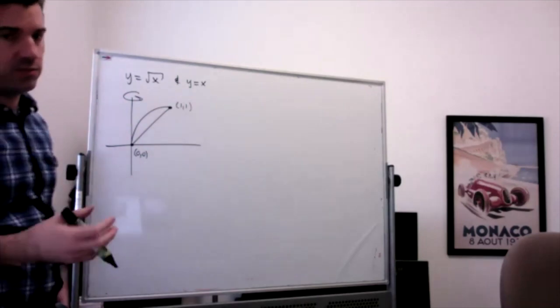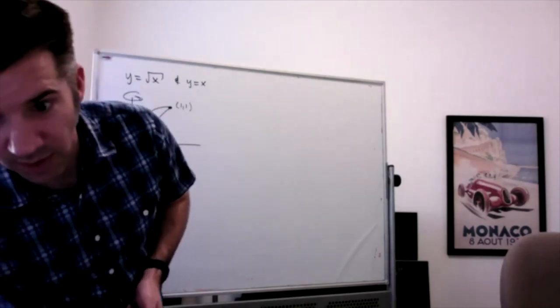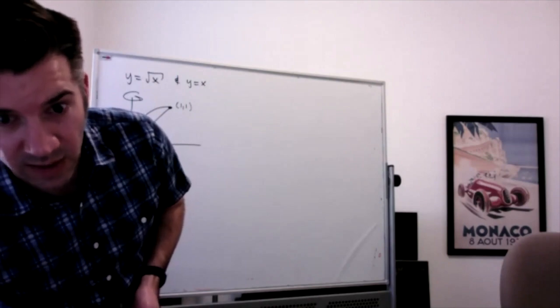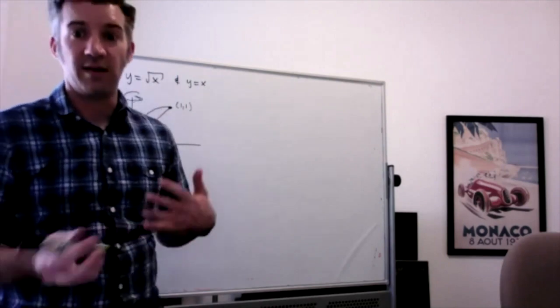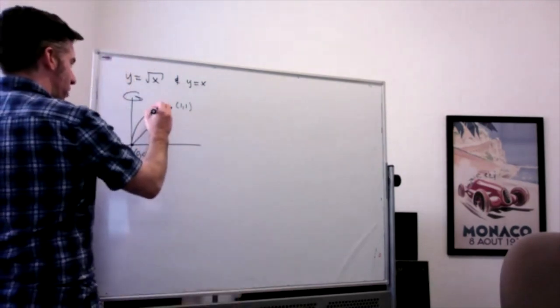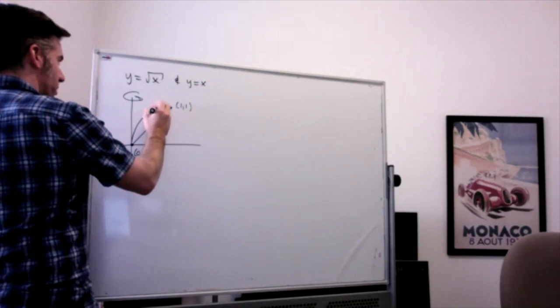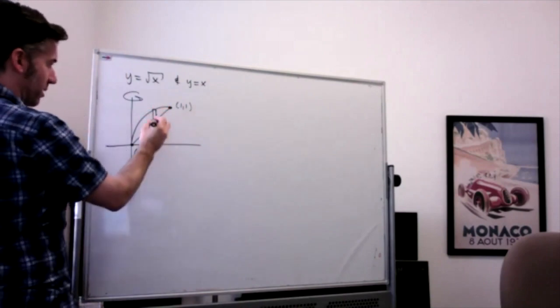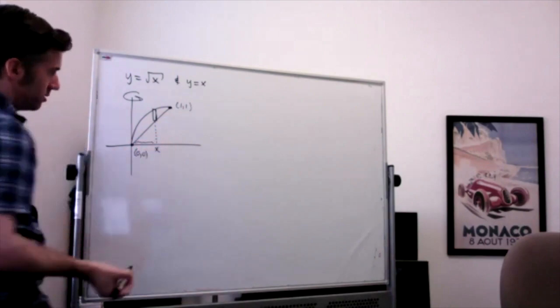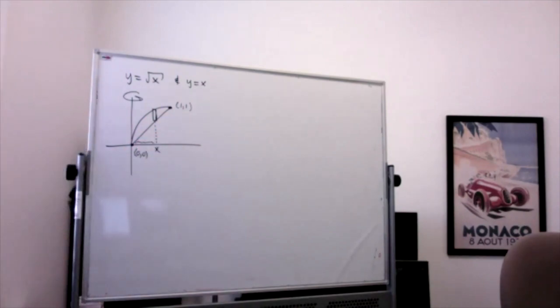So the idea, like every time we do something with integrals, is that we're going to take a small representative strip and then try to find the moment for that strip and then integrate. So I look at this vertical strip here. This vertical strip, I'm going to think of as being at a distance of x from my y-axis.